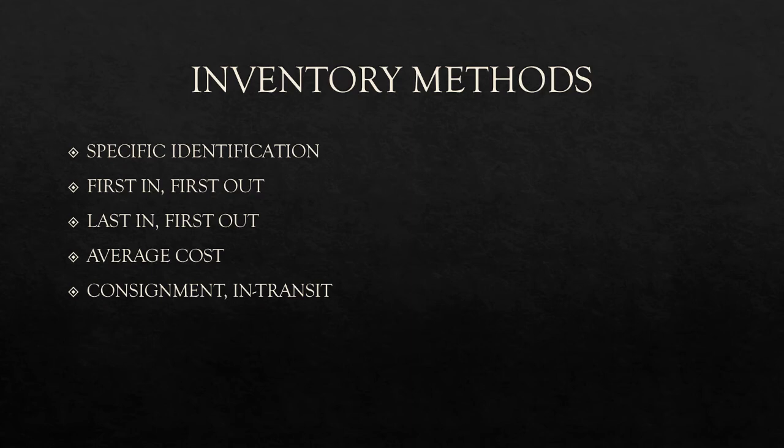Average cost, just think about your GPA, because that's exactly the way that you compute it. If I got a class that was a 3-hour class and I got an A on it, and an A is worth 4 points, I have 12 quality points, 4 times 3. And if I have another class that's only a 2-hour class and I got a B in it, then that's worth 3 points, so I have 2 times 3 or 6 quality points.